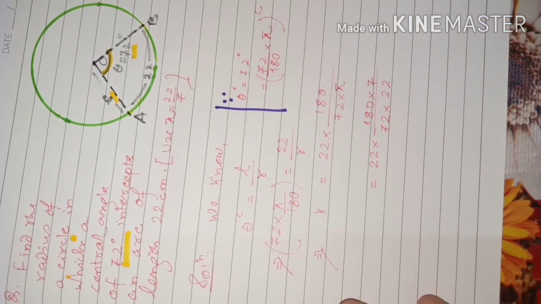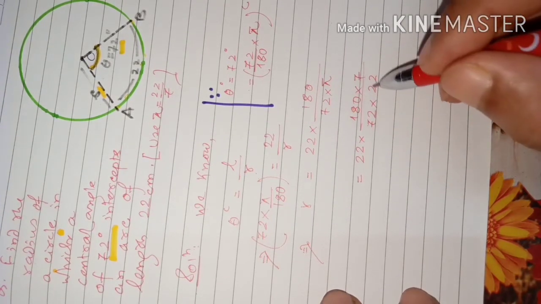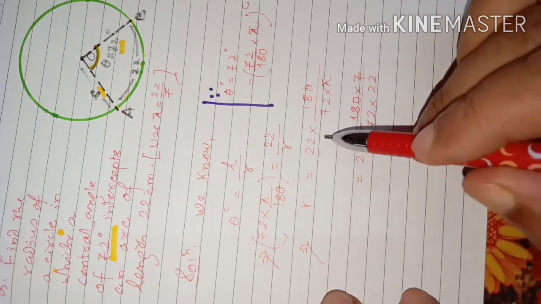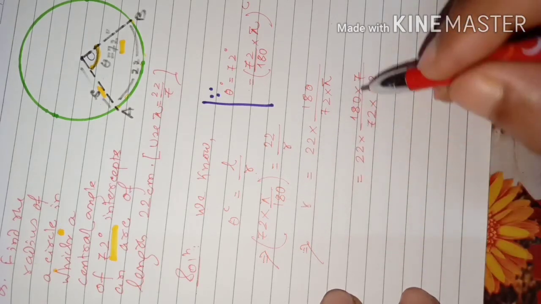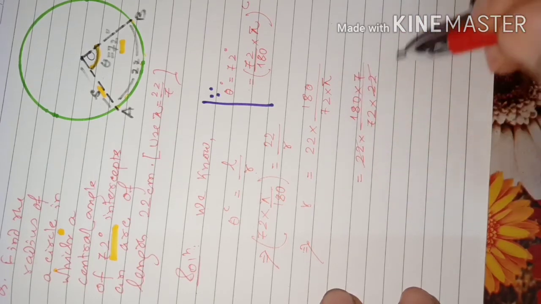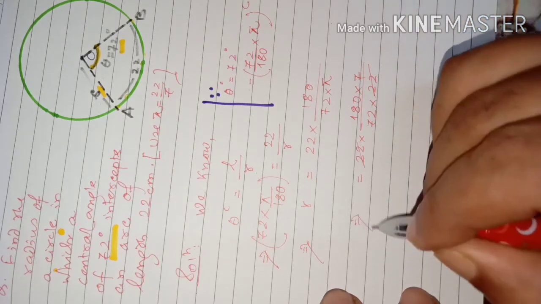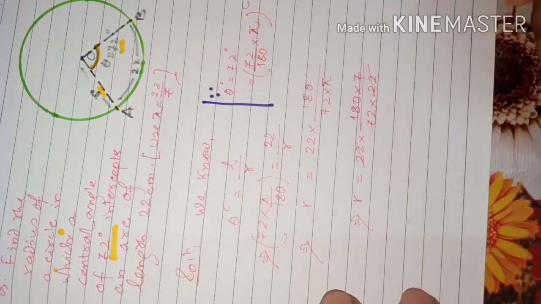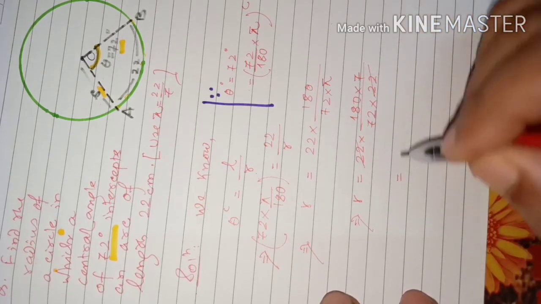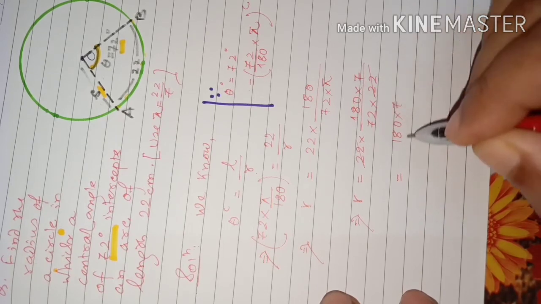Now we can perform cancellation also. Yes, you can cancel this 22 with this 22. Then no further cancellation. So R is equal to 180 by 72 into 7, that is 180 into 7 by 72.